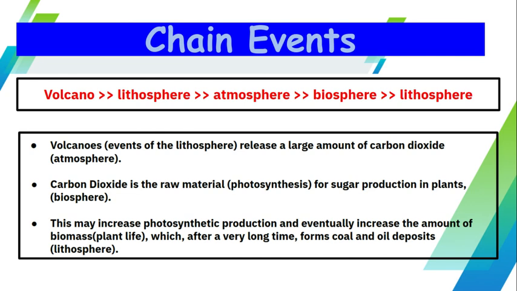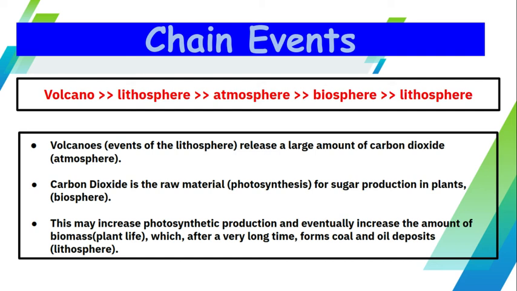Volcanoes release a large amount of carbon dioxide into the atmosphere, which can cause global warming, which can cause more glacier melting. Carbon dioxide is the raw material in photosynthesis for sugar production in plants, which is the biosphere. This may increase photosynthetic production and eventually increase the amount of biomass or plant life, which after a long time forms coal and oil deposits in the lithosphere.